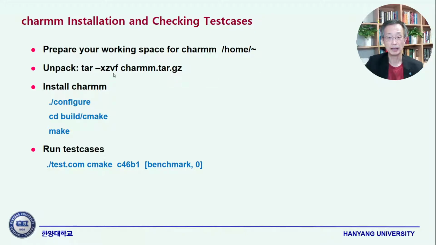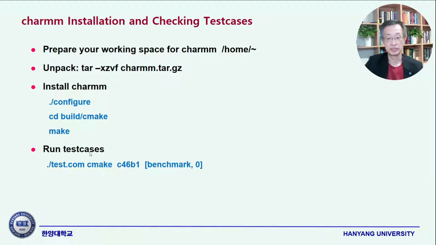And then unpack the charmm.tar.gz file, the CHARMM distribution file, by using the tar command with the xzvf option, and then install by this three-line command: configure, change directory, and make. And then when all goes well, you will have the executable for your Linux under Windows system.